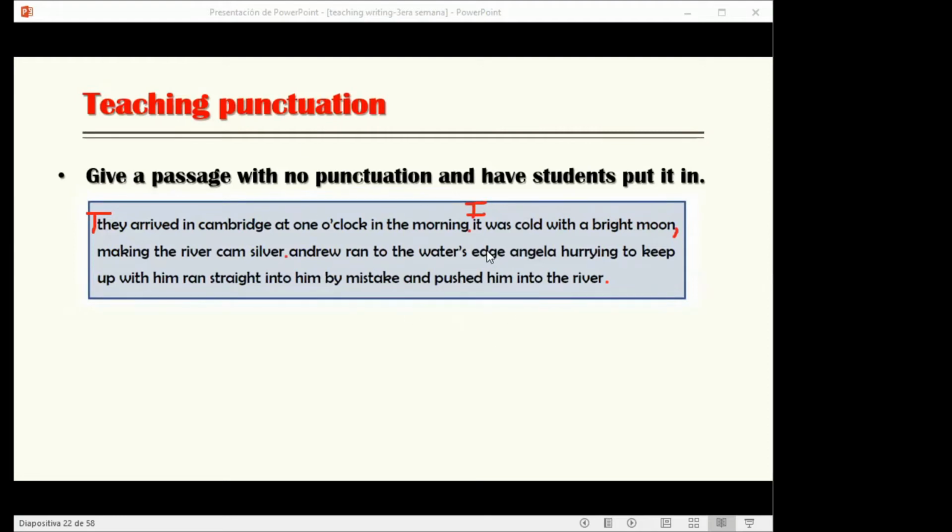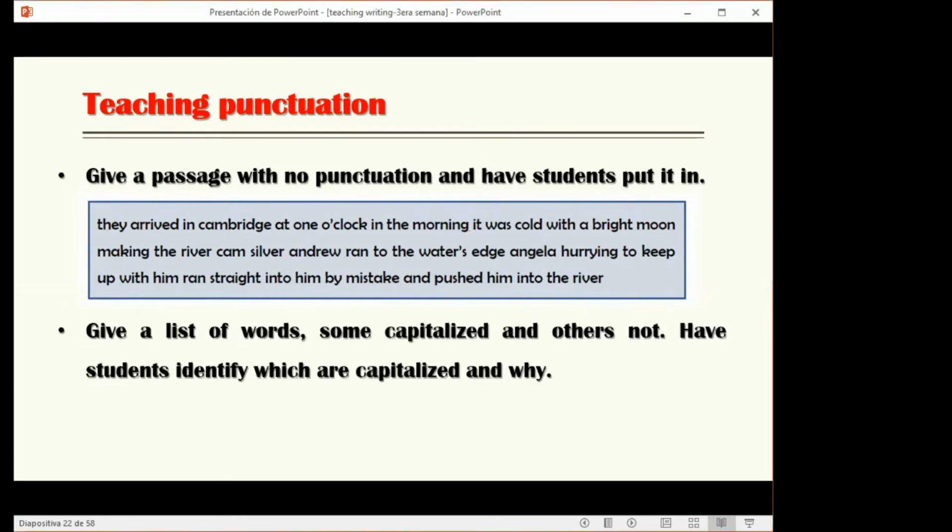Try to make this a small test, not too long, because they are going to be bored. So just for example, this is just 3 lines. Notice it is a very small paragraph. So they need to identify the punctuation. Give a list of words, some capitalized and others not. Have students identify which are capitalized and why.